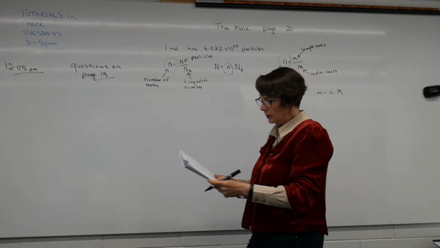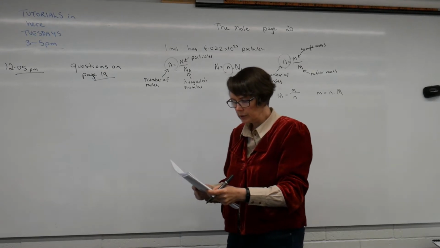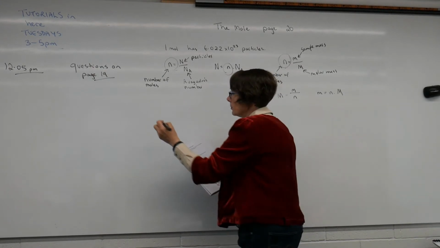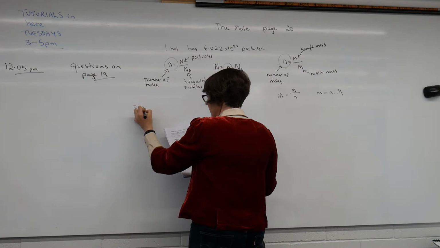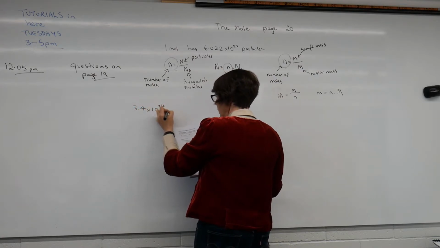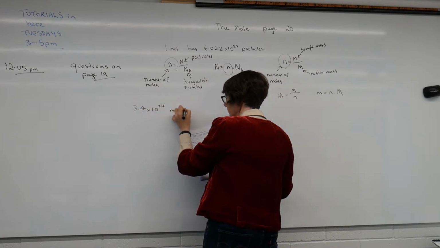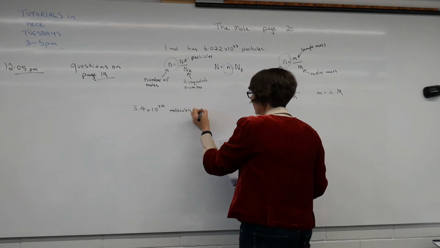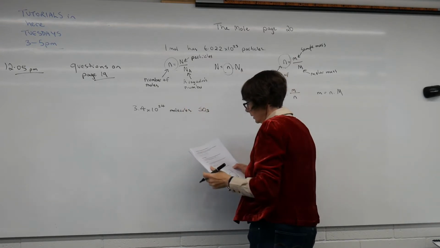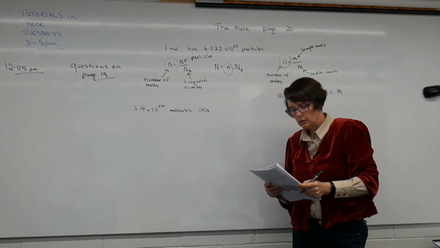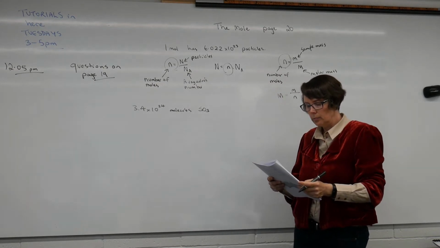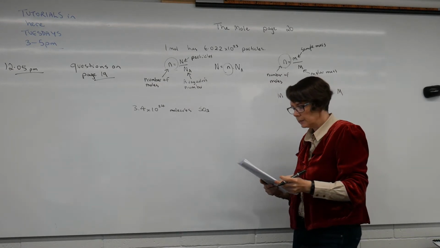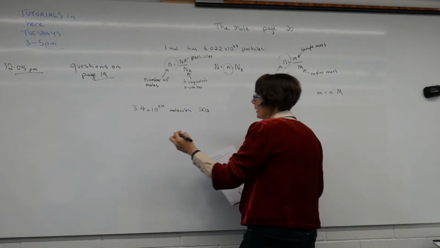Okay, so if we look at the example on page 21, the first example, it says we've got 3.4 times 10 to the 24 molecules of sulfur trioxide. Determine the number of moles and then the number of moles of oxygen atoms. So we know we're finding moles.